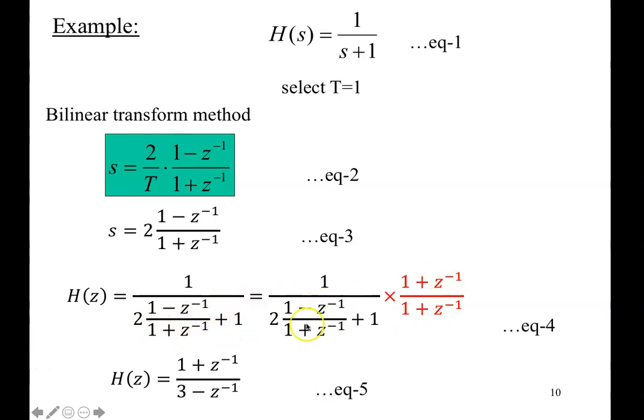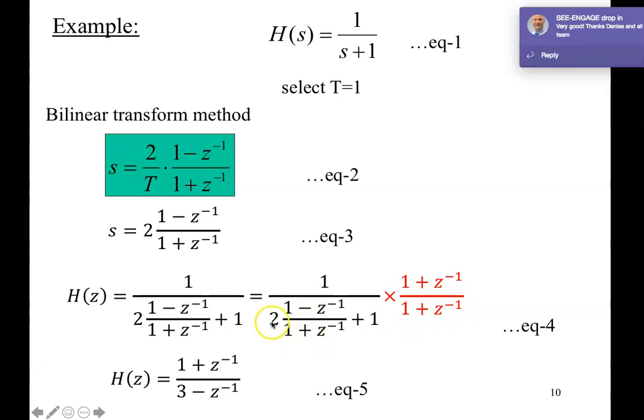Of course, now it looks like quite a complicated form. There are fractions inside fractions, so we need to simplify that. I can just multiply the same numerator and denominator to here, and the 1 plus z^-1 at the bottom will cancel that out.